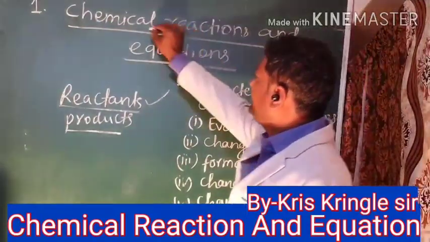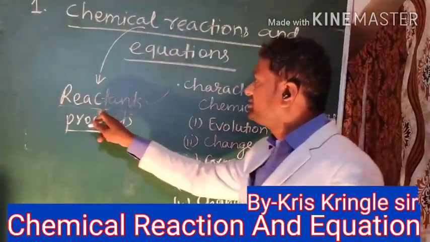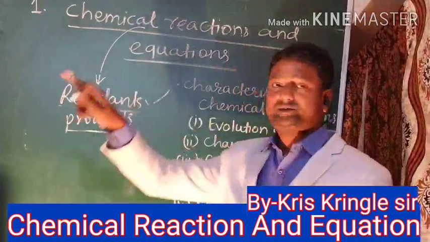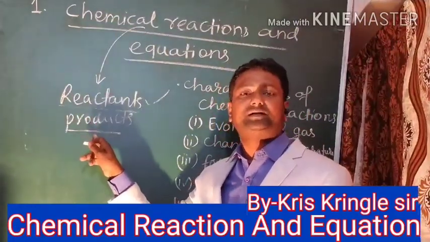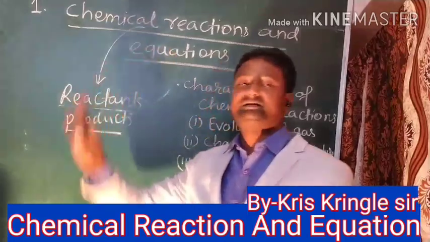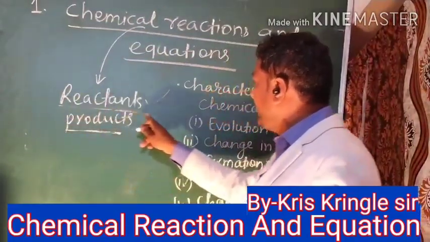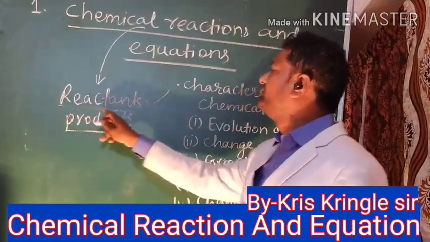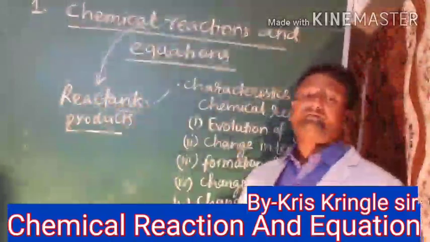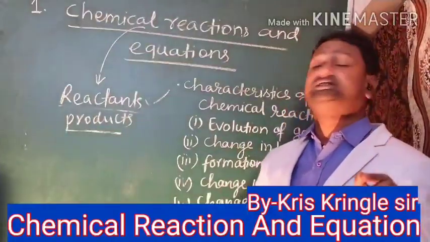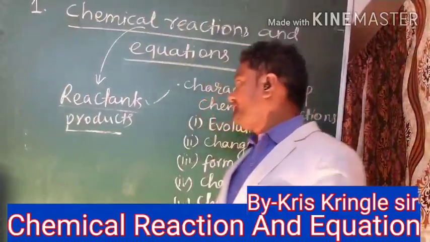That means in every chemical reaction, the reactants get transformed into the products, and the products will have different properties than that of the reactants. The products will have different chemical properties than that of the reactants. So we can define chemical reaction as the chemical change in which reactants get transformed into the products.